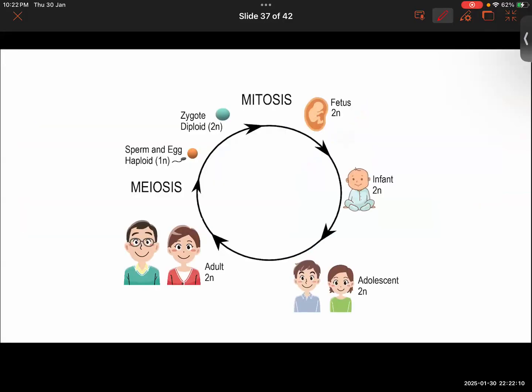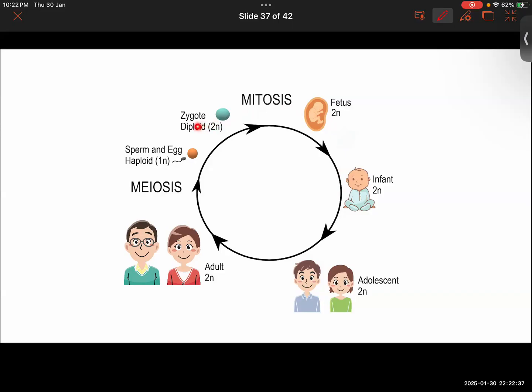Also, in the given diagram, you can see that meiosis is the type of cell division by which the sperm and the ovum cells are formed, right? So meiosis is occurring over here. Then in the process of fertilization, we see that the zygote is formed, and the zygote further goes on to develop into an embryo and then into a fetus, then basically leads to the birth of the baby, that is an infant.